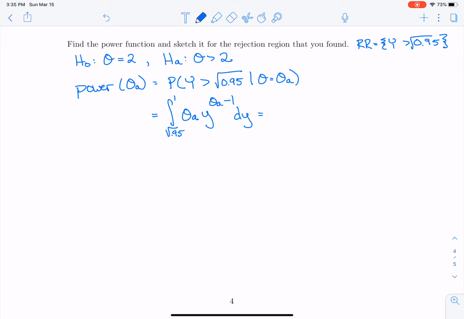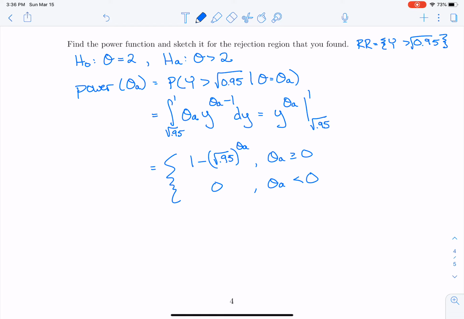That integral is going to be y to the theta a, going from the square root of 0.95 to 1. And so the answer is going to be 1 minus root 0.95 to the theta a power when theta a is greater than or equal to 0, and 0 when theta a is less than 0, because that's not an alternative that we would be considering.